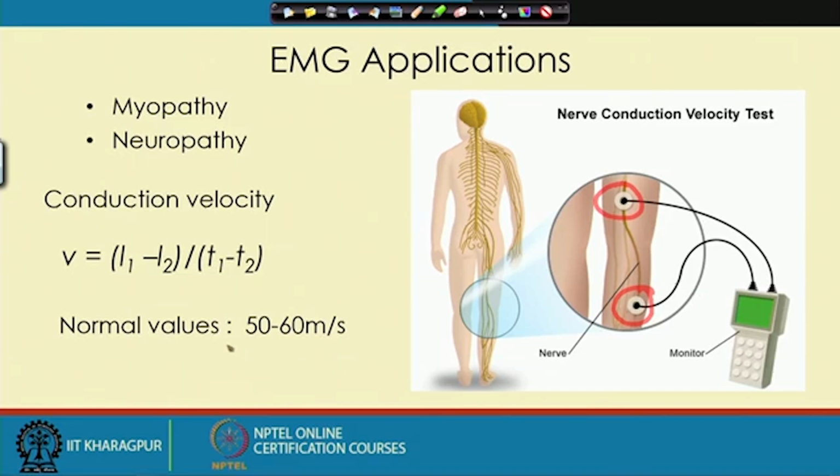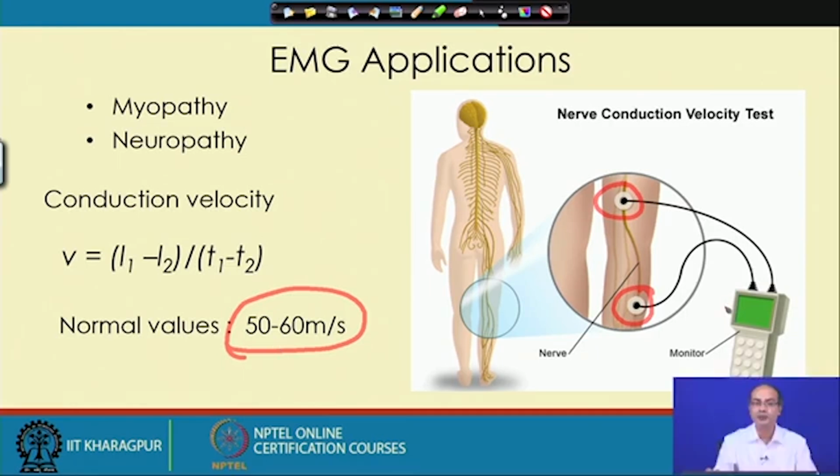We know the normal speed should be 50 to 60 meters per second. If it becomes much lower, that means the nerve is not conducting properly. So, the problem is with the nerve, and we need to do the treatment of the nerves.